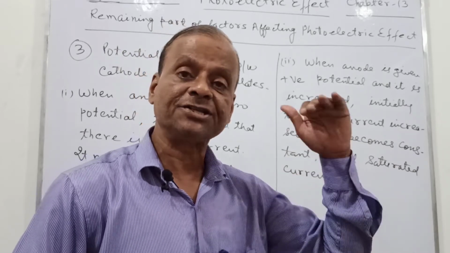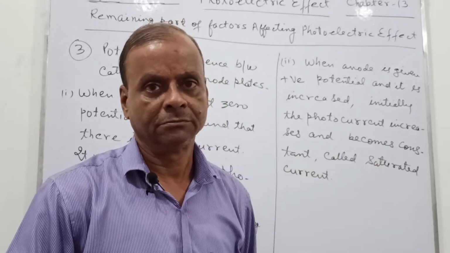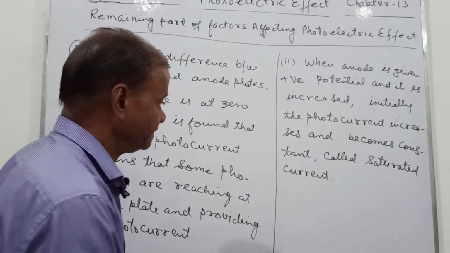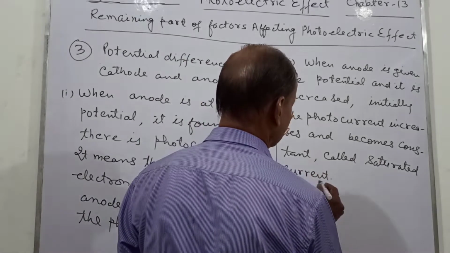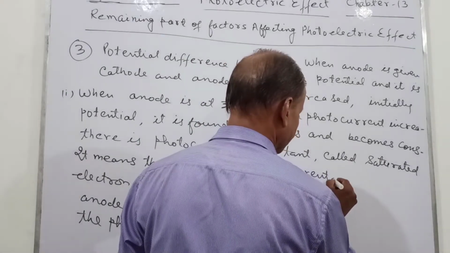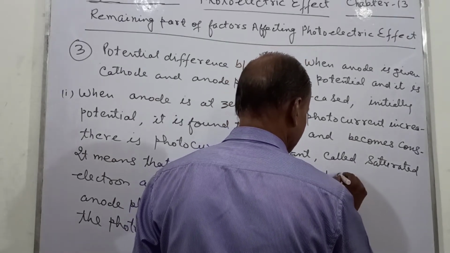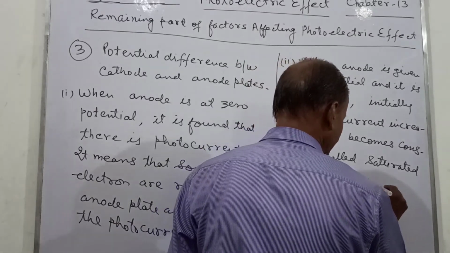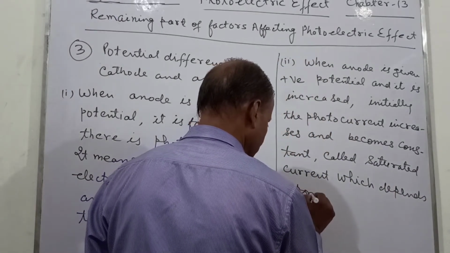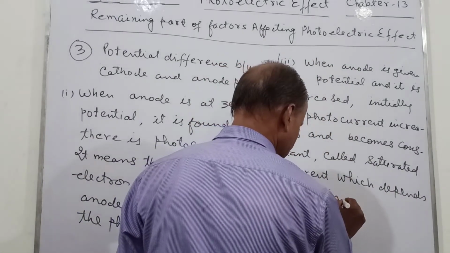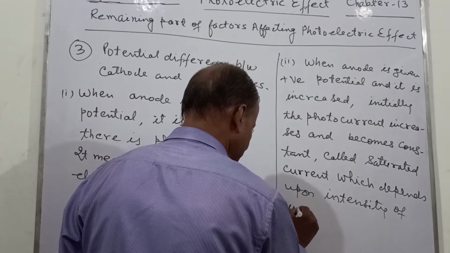Now if however the intensity is increased, then this saturated current can be increased. The saturated current depends upon the intensity of incident radiation.